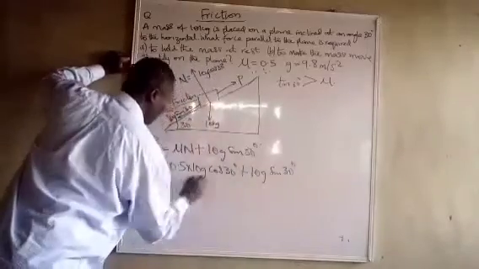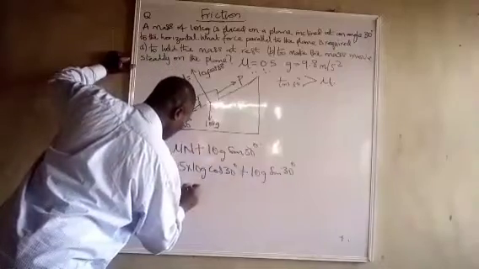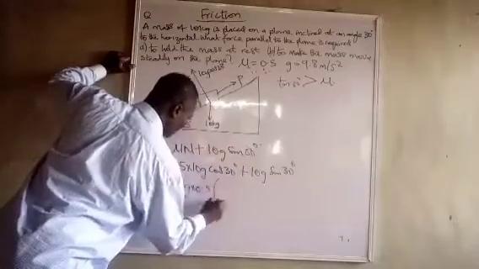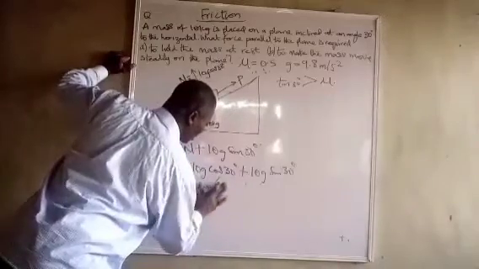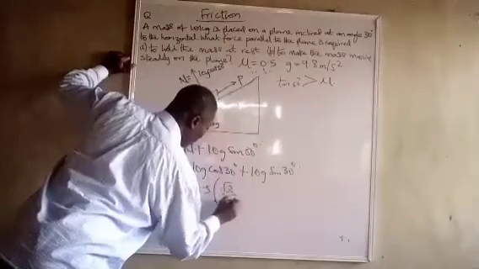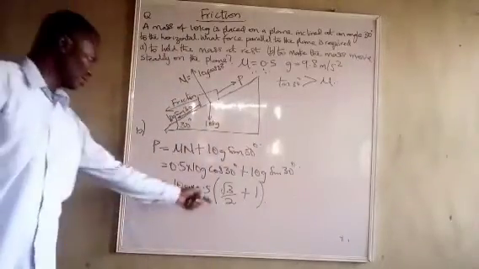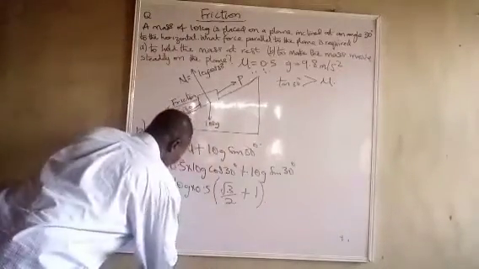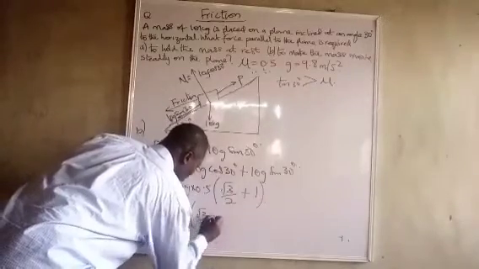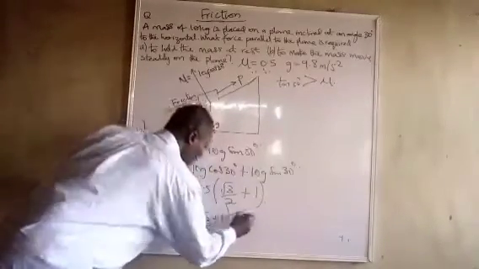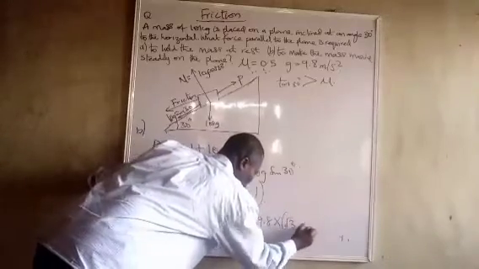And we can still break it further and say 10g, this one is 0.5 times cos 30. This cos 30 is root 3 over 2, plus 1. Sin 30 is 0.5. So I factorize this. So it's going to be 5g into root 3 over 2 plus 1. So 5 times 9.8 times root 3 over 2 plus 1.